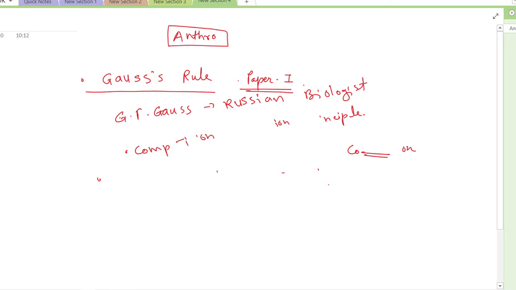That means species with identical ecological requirements cannot occupy the same ecological niche for a long time, and hence the less competent species may either be driven away or become extinct.